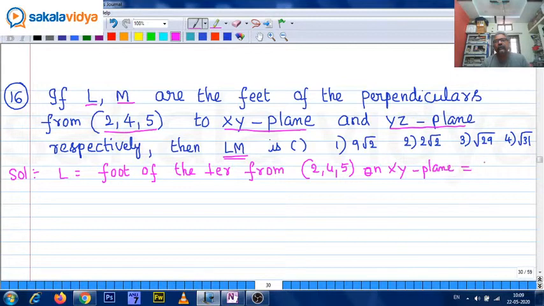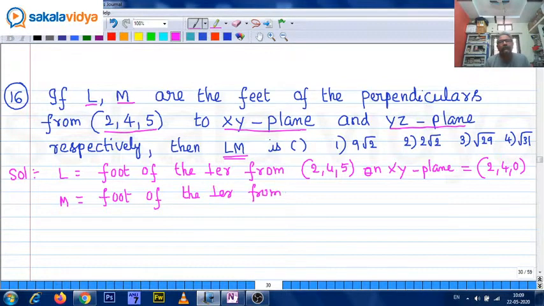On xy plane z is 0. That means (2, 4, 0). M equals to point. Foot means a point, not distance. Foot of the perpendicular from (2, 4, 5) on yz plane. On yz plane means x is 0. (0, 4, 5). Now we know the L point and M point.